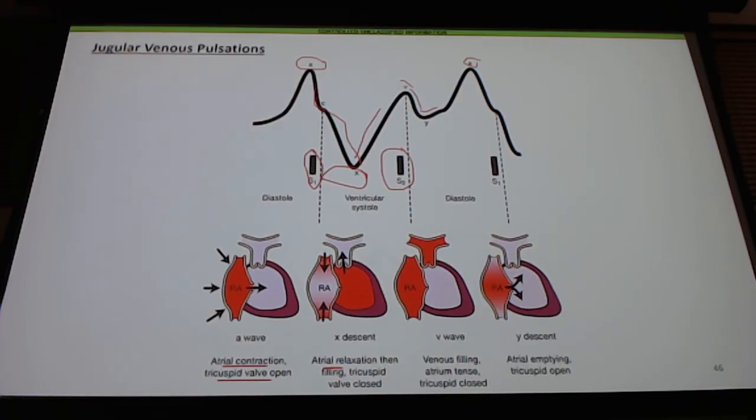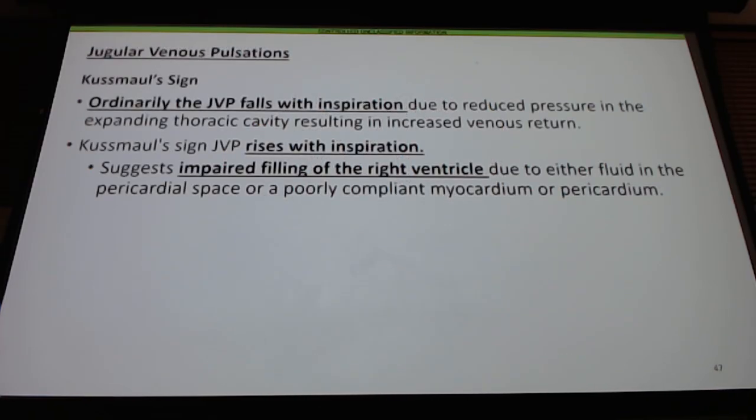So just knowing what's going on in the different phases of the pulsation wave. Some abnormalities that you may additionally appreciate with the jugular venous pulsation waves is something like Kussmaul's sign, where when the person takes a breath in, you should see a drop of that jugular venous pulsation wave.